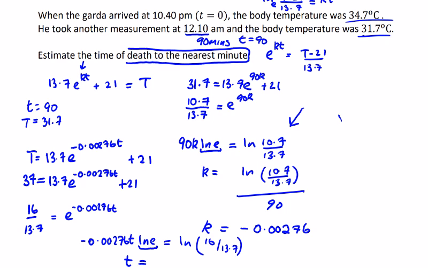Negative time, minus 57 minutes. So the guard arrived at 10:40, 57 minutes before 10:40 is 9:43. 9:43 for the time of death.